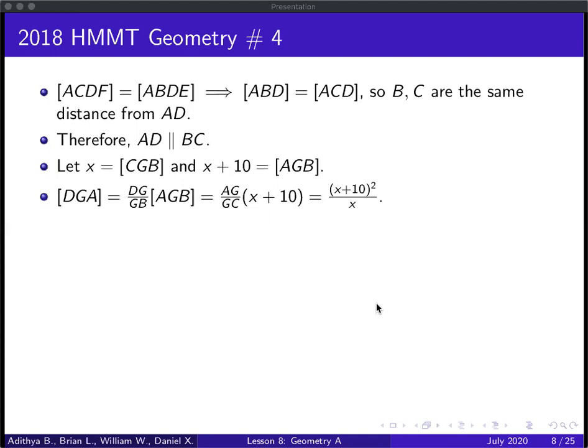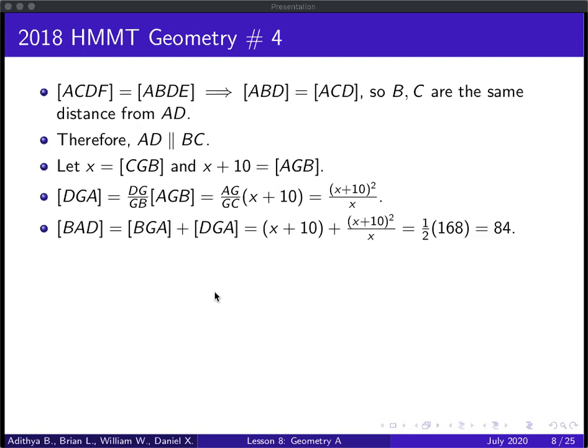And the area of BAD, we already know, because that area is just half of the area of ABDE, which is known. So that's really useful, because now we have an equation in terms of x. We have x plus 10 plus x plus 10 squared over x on one side, and then 84 on the other side.